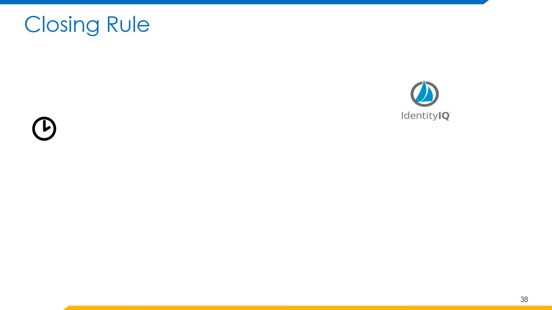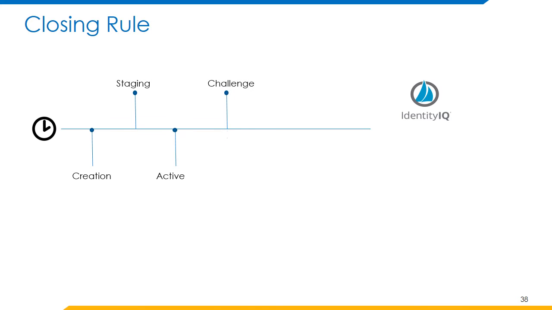Even after the end phase of the certification, there is a possibility that few certification items shall be present about which a decision is not expressed by the certifier. Closing is the scenario wherein we specify a default action to be taken in case a decision is not expressed.